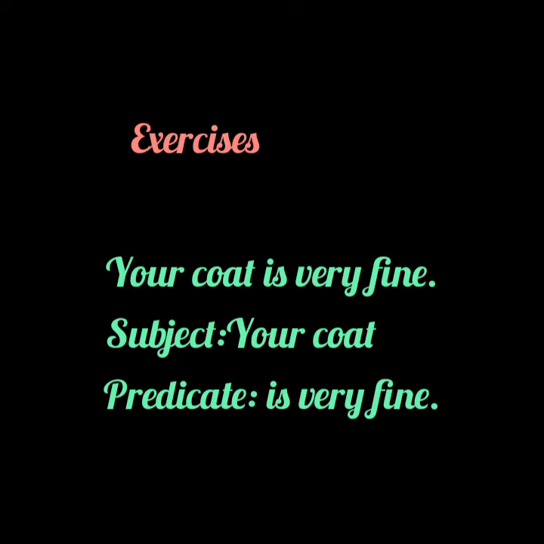From the verb to the last part of the sentence will be predicate. Once you find out the verb, whatever lies before the verb, that is known as the subject. So, in this sentence, the subject will be your coat, and the predicate will be is very fine.